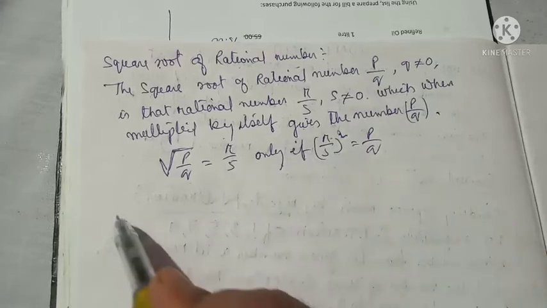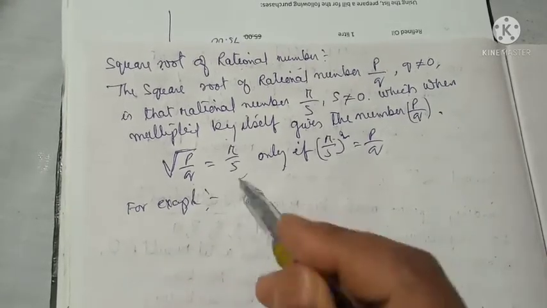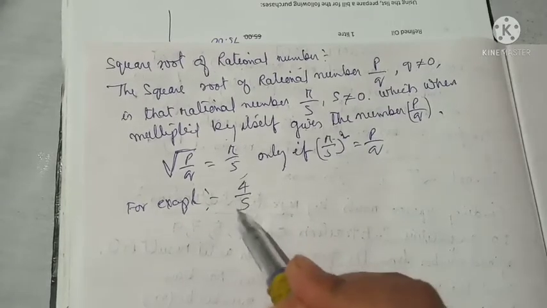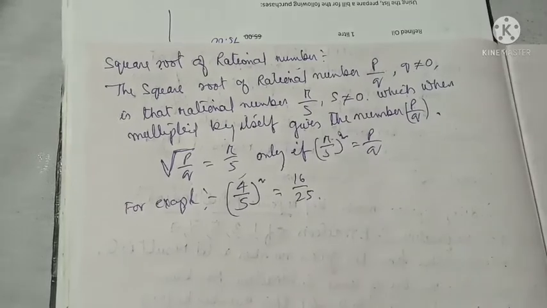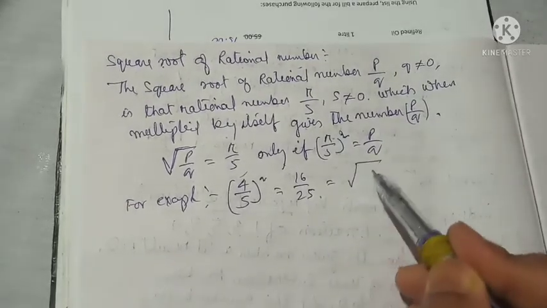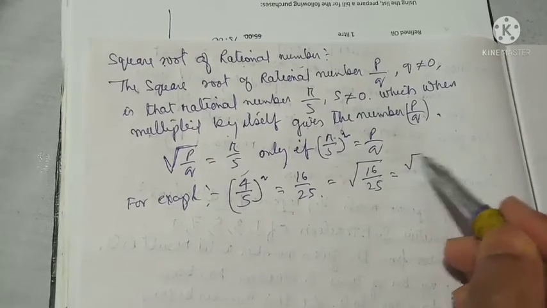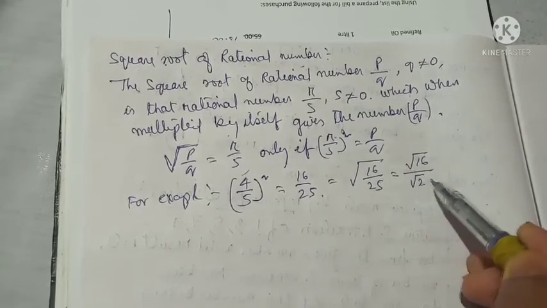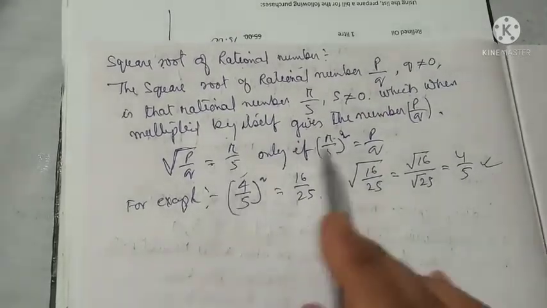That means, for example, 4 by 5 squared is equal to how much? 16 by 25. Then again, the square root of 16 by 25 gives you the same answer, 4 by 5. This is the example for this.